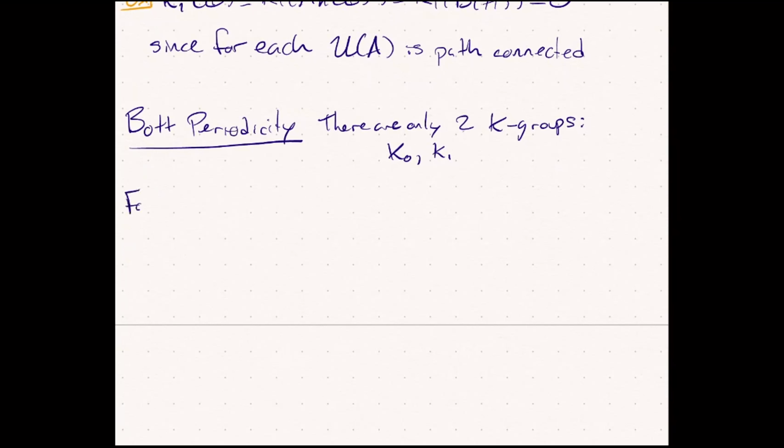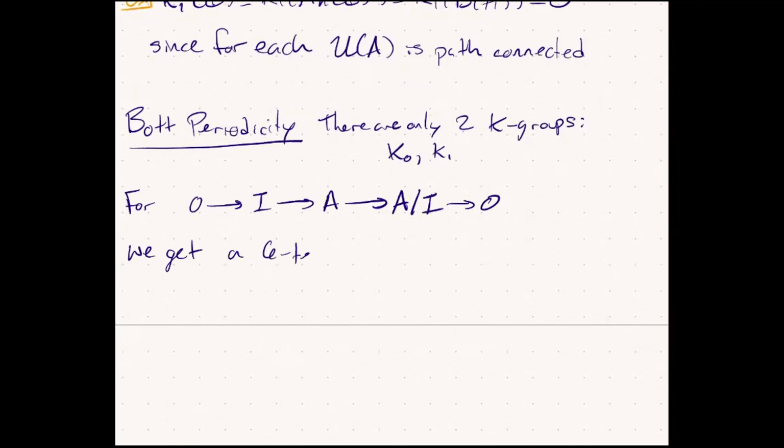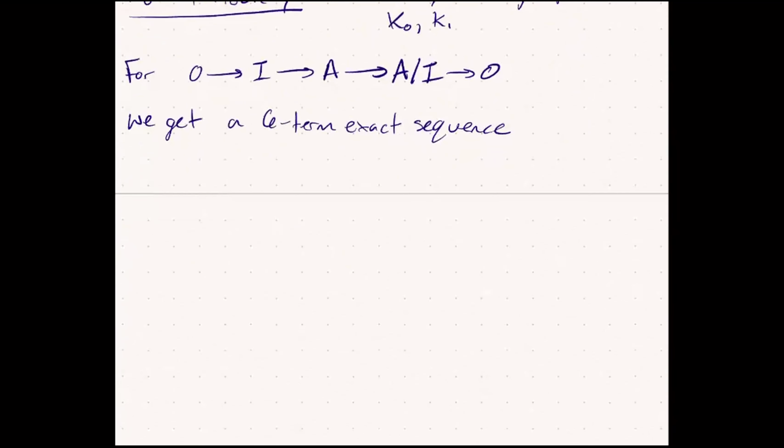So for a short exact sequence of C-star algebras, so we have an ideal going into our C-star algebra A, and then the quotient, we get a 6-term exact sequence, which will look like K0 of the ideal going to K0 of our C-star algebra, and then K0 of the quotient.